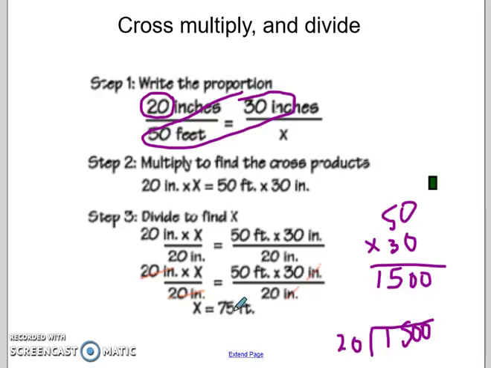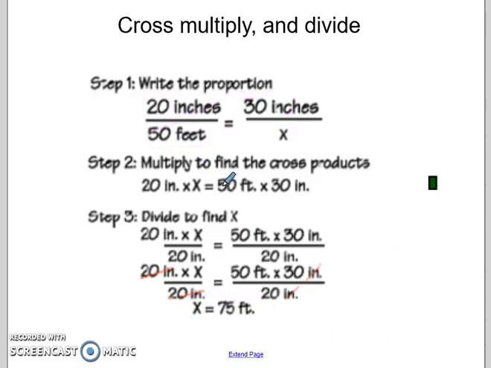And we would get 75. So there are 20 inches in 50 feet. Oh, they did this one a little bit differently. They matched up inches this way and feet this way, meaning 25 feet.